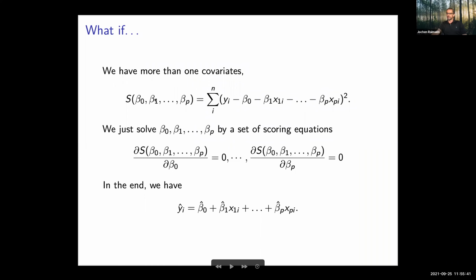We can do this for each set of covariates, and it basically results in the same set of scoring equations, allowing for a minimization that essentially will allow to come to the final linear regression equation.